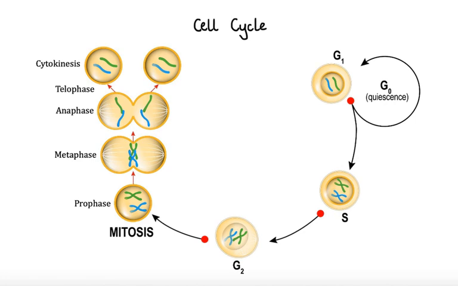Immediately following the M phase, newly formed cells either leave the cycle and become dormant, or return to the G1 phase should they need to divide again.